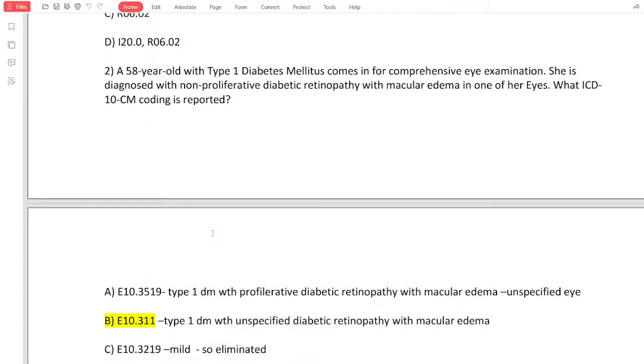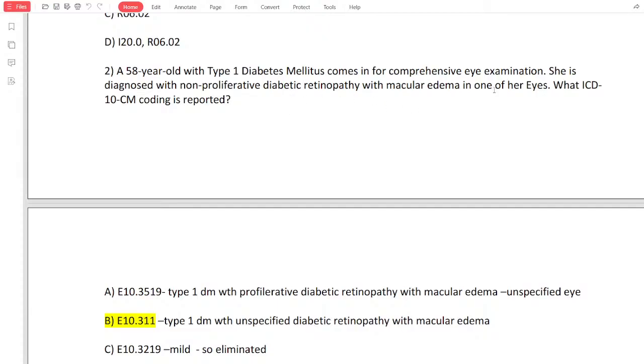Here they have mentioned type 1 diabetes mellitus with unspecified diabetic retinopathy. In this question they have not specified the location.